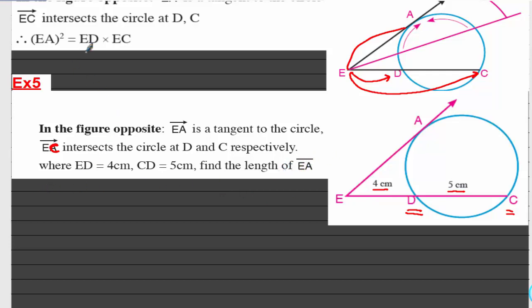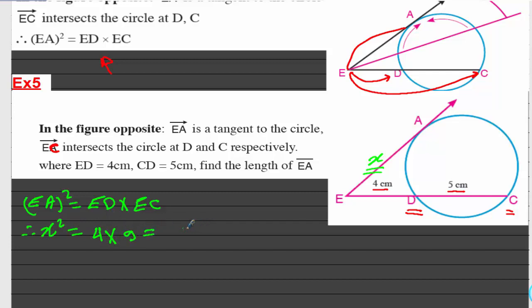Now, according to this relation, we can write EA power 2 equals ED multiply the length of EC. Consider EA as X. So X power 2 equals ED, which is 4, multiply EC, which equals 9.